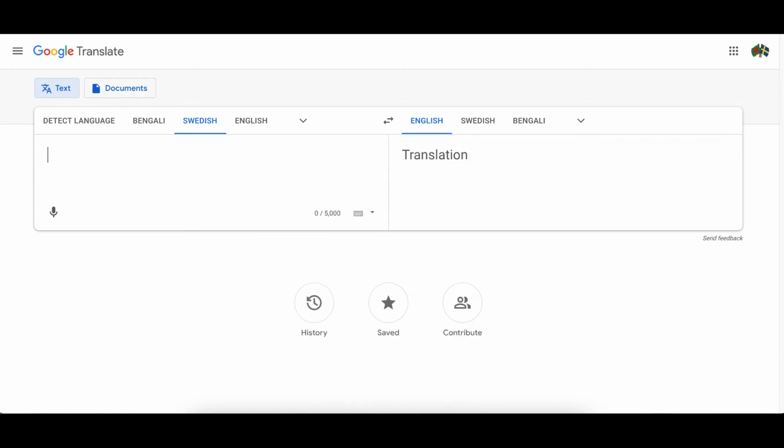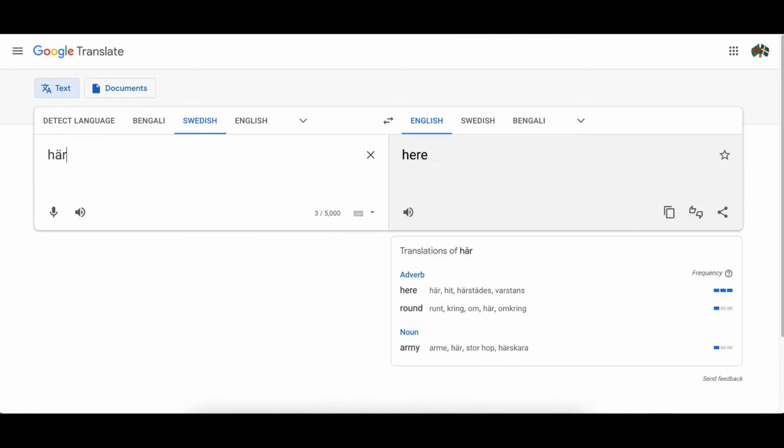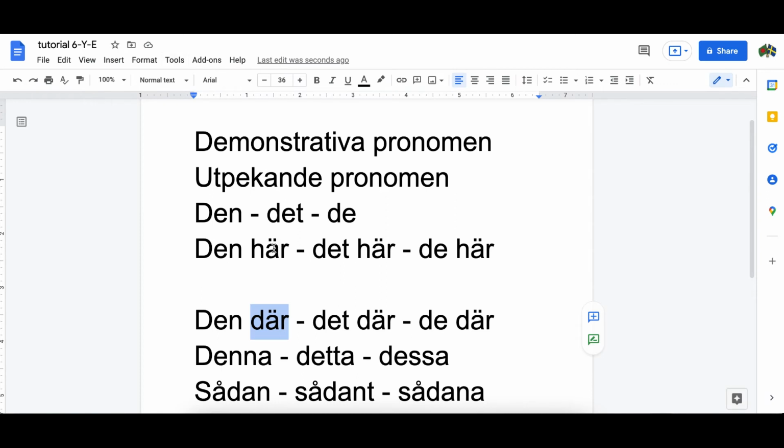Så här använder vi när någonting är nära oss. För exempel, du har en mobil framför dig. Då du säger den här. Men om det är en mobil som ligger långt bort, då du säger den där mobil. So here we use when it's near to us.